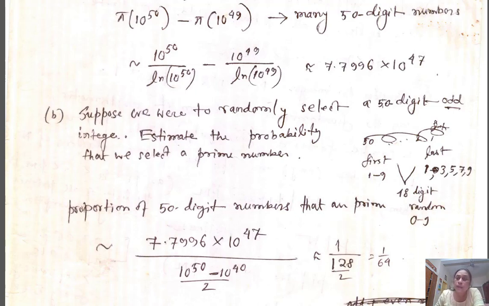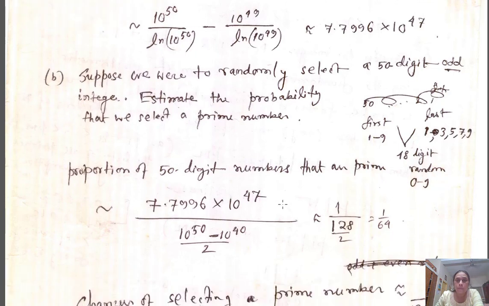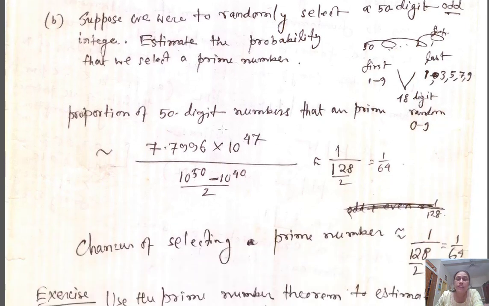So how many 50-digit odd integers are there? The 50-digit integers number 10^50 minus 10^49, and 50-digit odd integers means this divided by 2, since we are discarding the even integers. This is the total number of 50-digit odd integers.